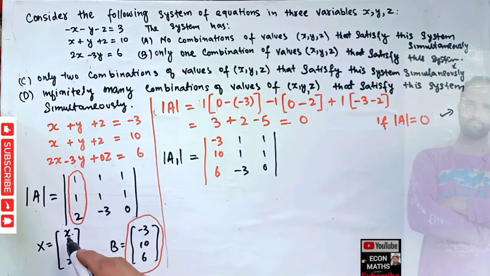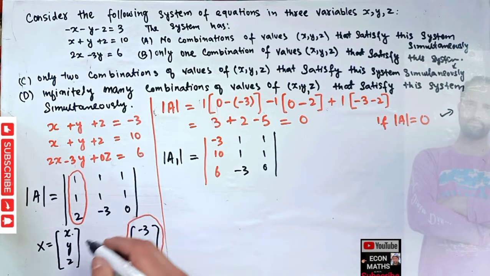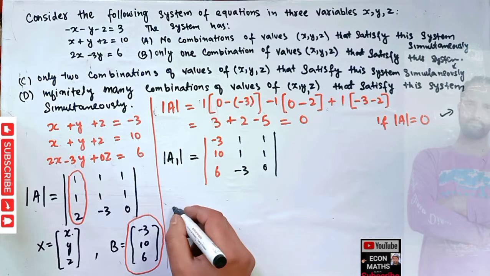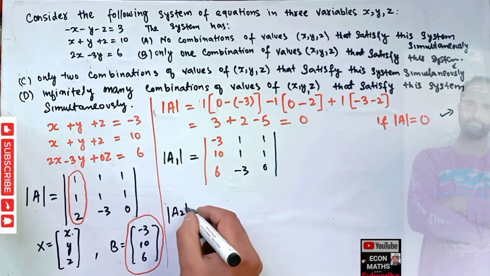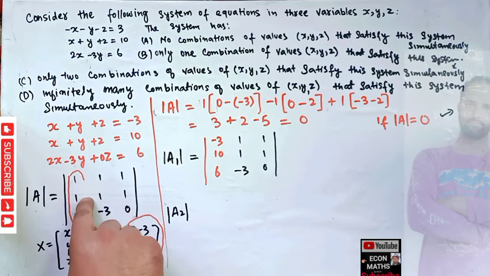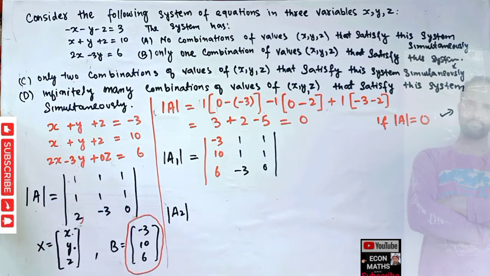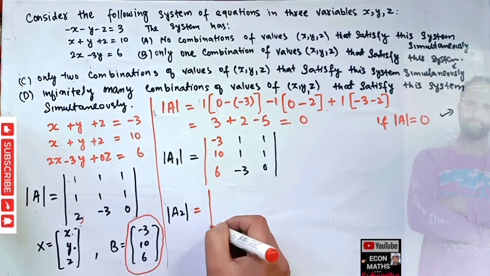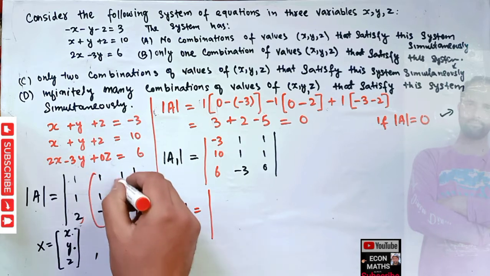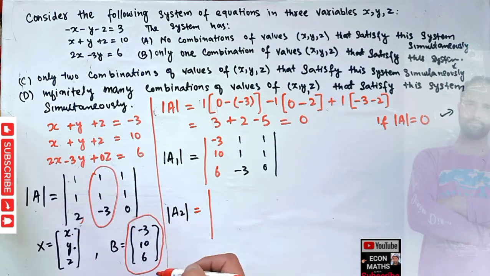Similarly, to find the value of y, we first need to find the value of a2. So to find the value of y, replace the second column this time. We form a new matrix in such a way that we replace the second column with the vector of constant terms.